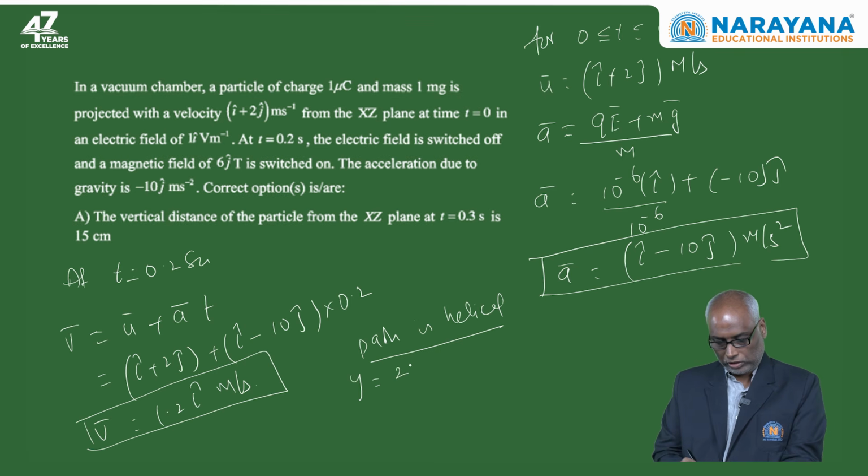Initial velocity along y-axis is 2, into the time taken is 0.3, minus half into 10 into 0.3 whole square. So y is equal to 0.6 minus 5 into 0.09. This should become equal to 0.15.